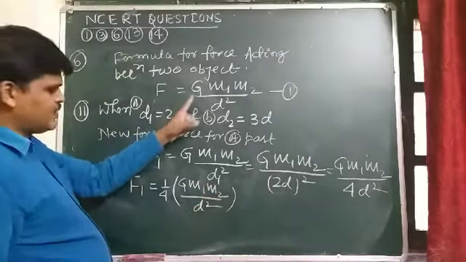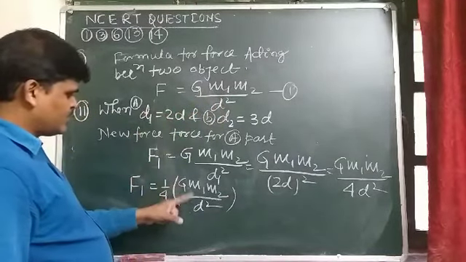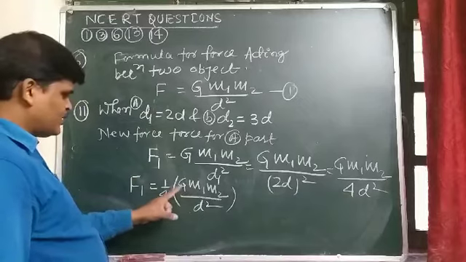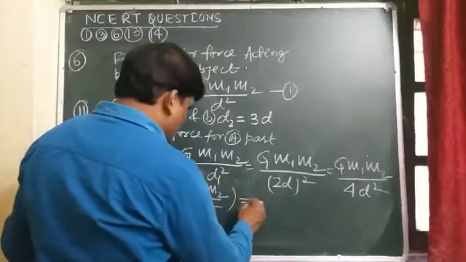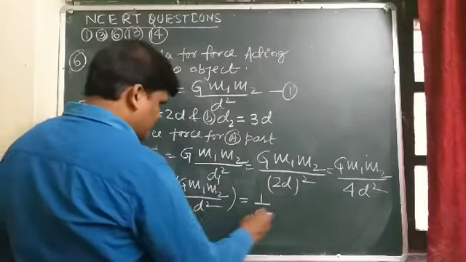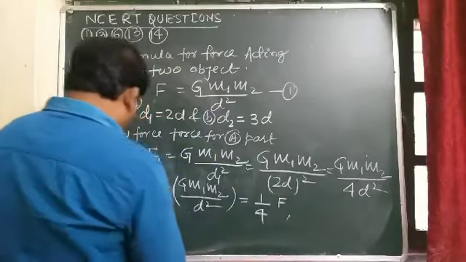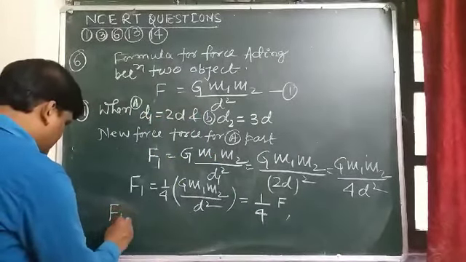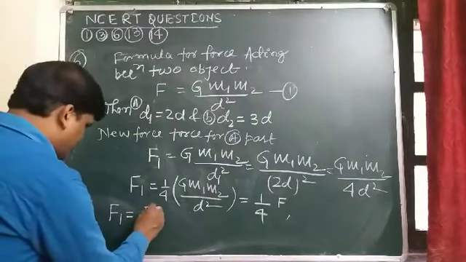Again from equation 1, G m1 m2 by d square is written as F. So in place of G m1 m2 by d square we put F, so 1 by 4 F. So F1 comes out to be that when distance becomes double, F by 4.